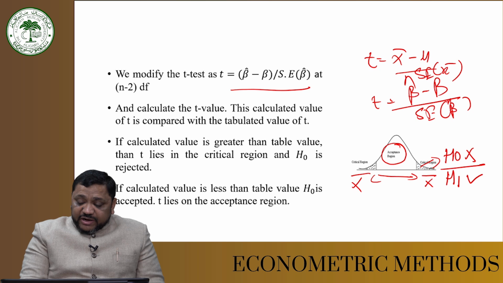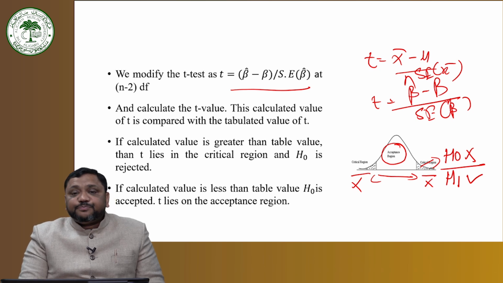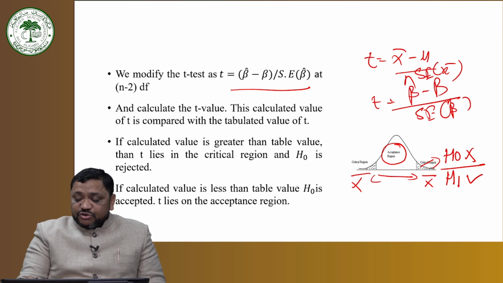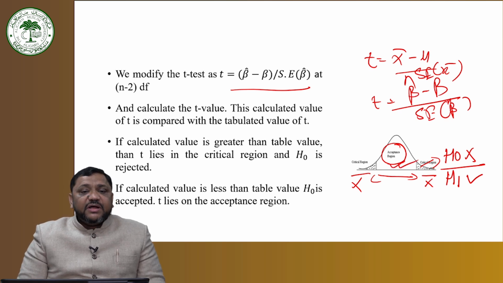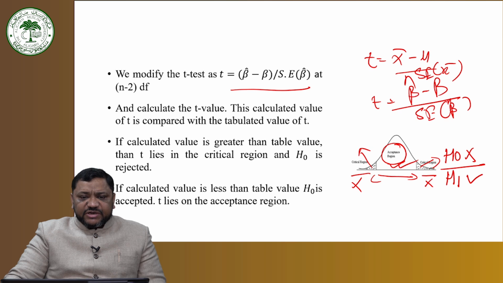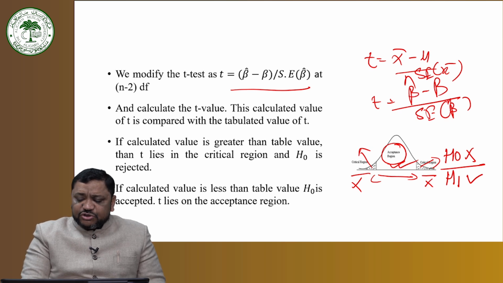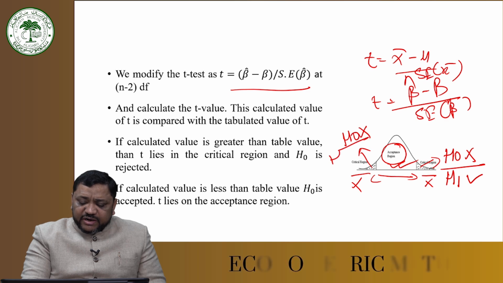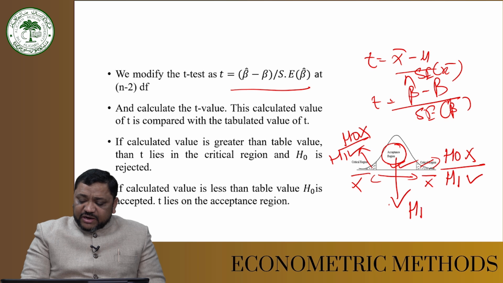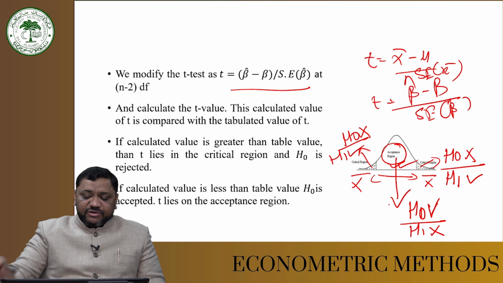If the calculated value is less than the table value, H naught is accepted, as the t lies in the acceptance region. We will come to the discussion of the one tail test and two tail test, but this is also a rejection region. Here the null hypothesis is rejected and the alternate hypothesis is accepted. Only in the acceptance region is the null hypothesis accepted and the alternate hypothesis rejected.